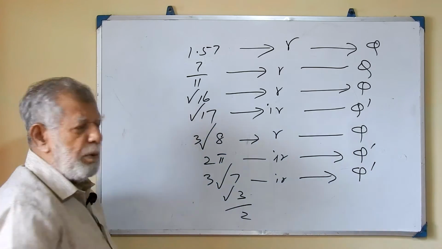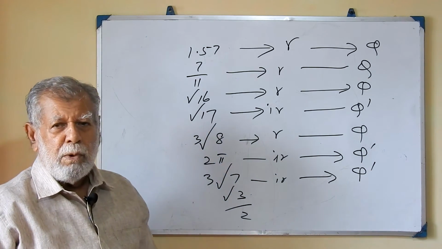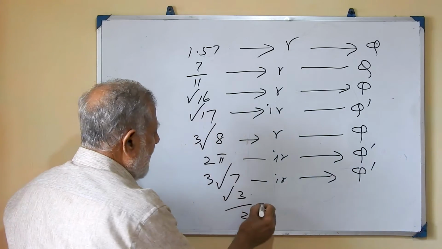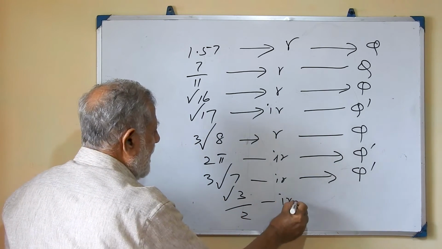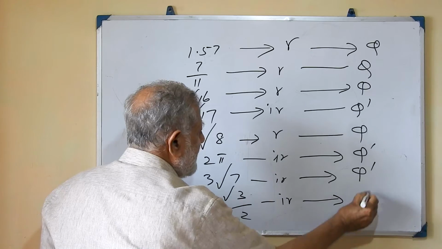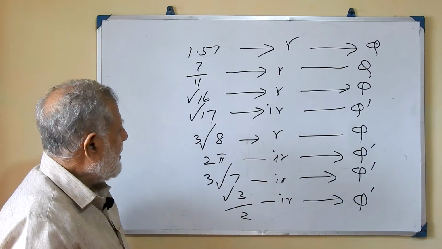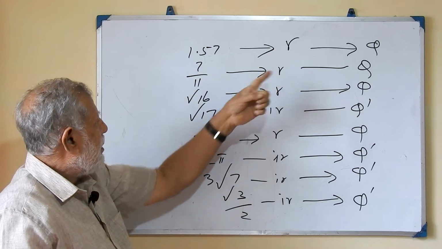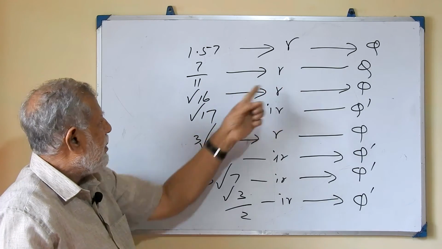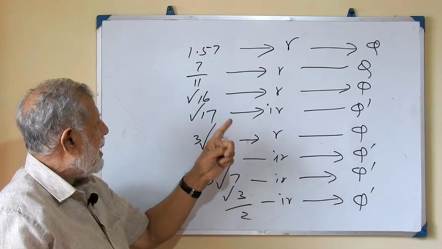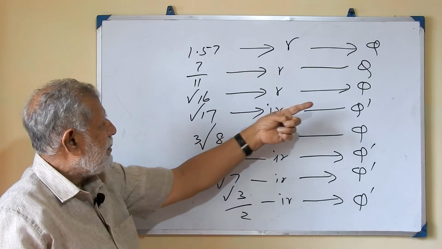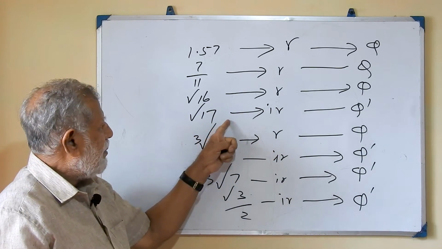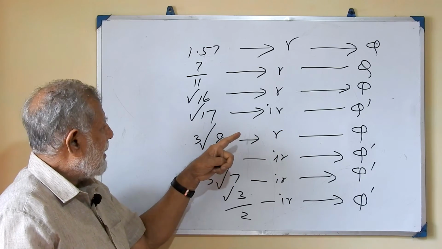Then root 3 upon 2 is the same story. Root 3 we don't know. We can't find the square root of 3. So it happens to be irrational. So when you divide by 2 also, it becomes irrational. So it is Q dash. So 1.57 is rational, Q. 7/11 rational, Q. Root 16 we know the answer, that is 4, so it becomes Q. Root 17 we can't find the fraction, so it becomes Q dash, irrational.